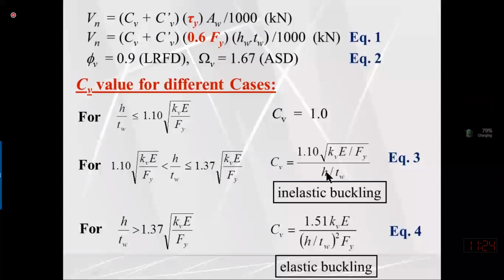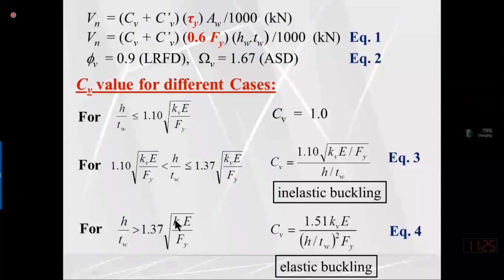And if lambda W, meaning the aspect ratio of web, height of the web over thickness of the web, is more than 1.37 under root kV into E over Fy, then we need to use equation number 4 to compute CV value.